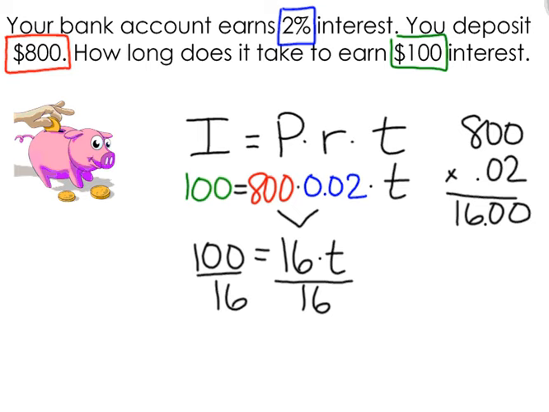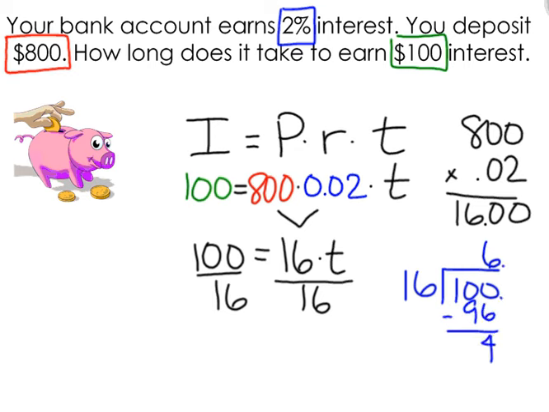And then we can set up division. 100 divided by 16. So I know that 15 can go into 90, so I'm going to take a guess that 16 can go into 100 6 times. And 6 times 16 is 96.